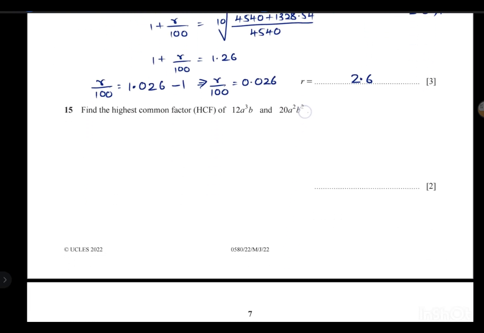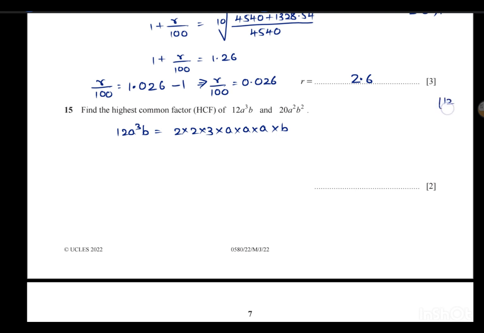Question 15. Find the highest common factor of 12a cube b and 20a square b square. So factorize each term into prime factors. 12 is 2 into 2 into 3, and then a into a into a because it is a cube, into b.